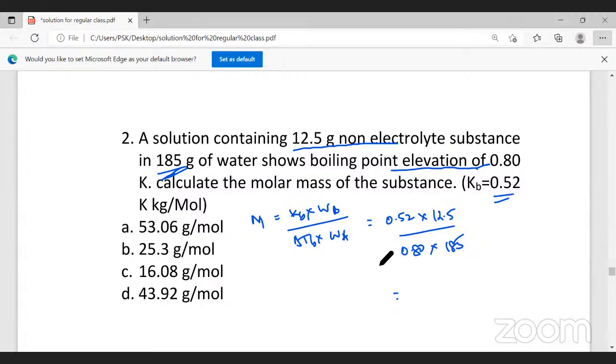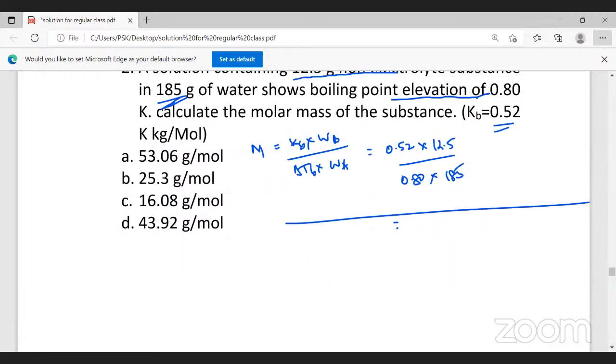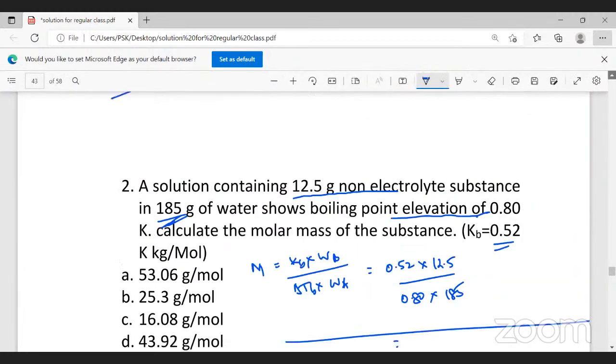Maybe I'll work this formula in a few minutes' time. I'll give one more formula also.